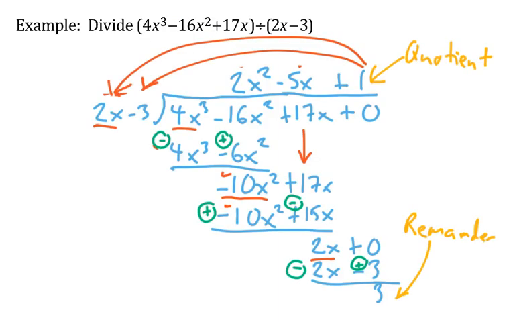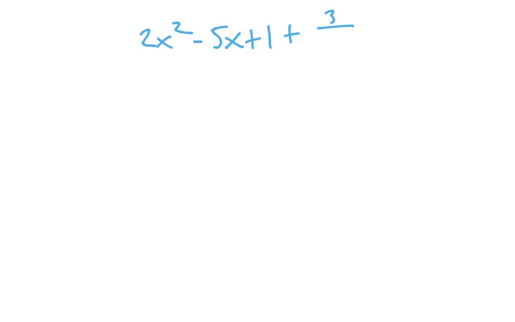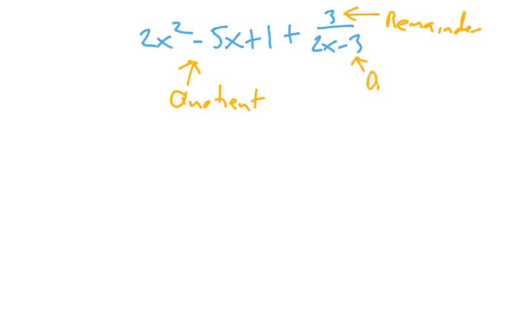And the divisor is 2x minus 3. Quotient plus remainder over divisor. And that's how you do a long division of polynomials.